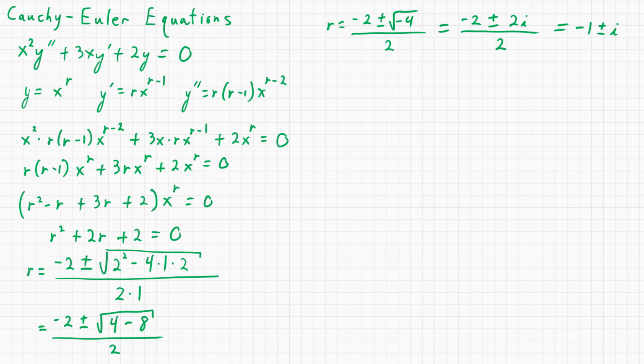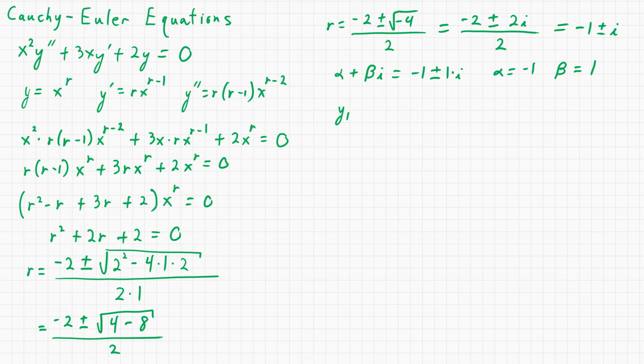So in this case, alpha plus beta i is equal to negative 1 plus or minus 1 times i. So alpha is negative 1, and beta is just 1.